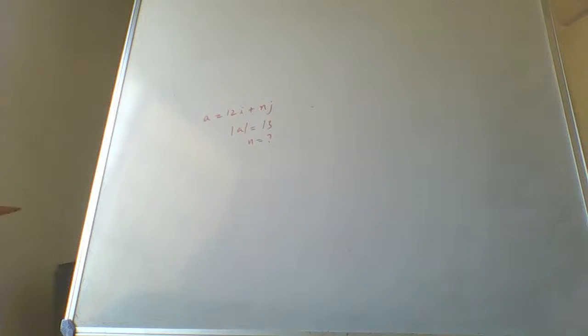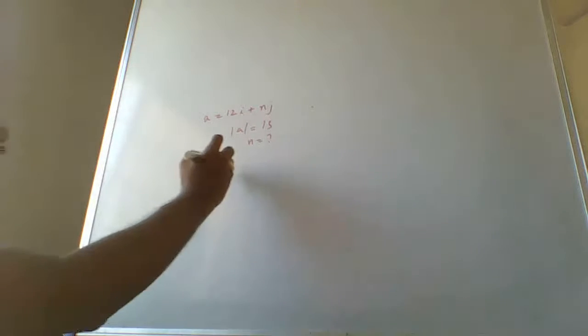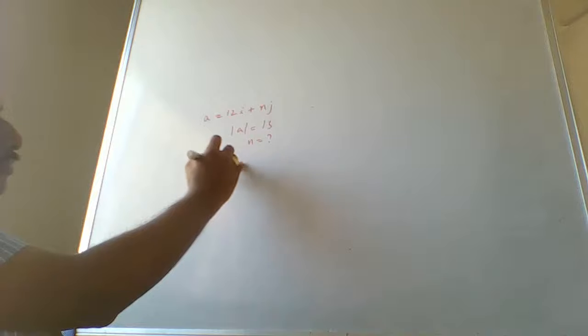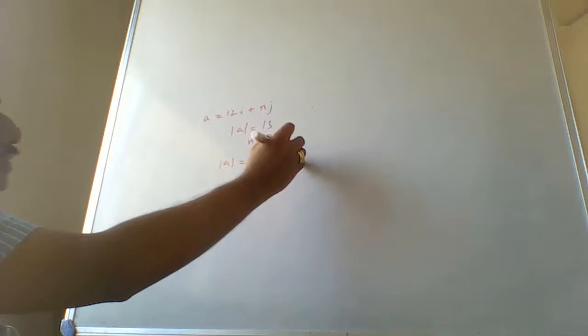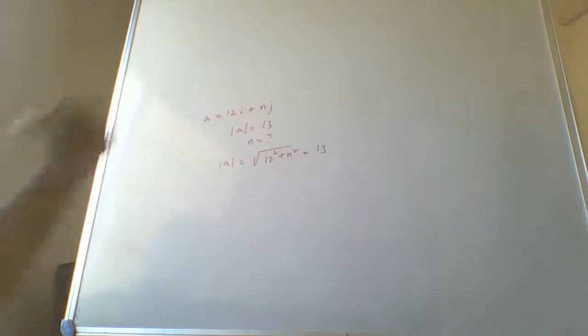So we have been given a vector. We also have the modulus of the vector, which is the magnitude or the length of the vector, given as 13. So mod a will be the square root of 12 square plus n square, which is 13.